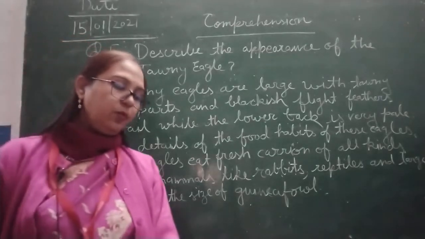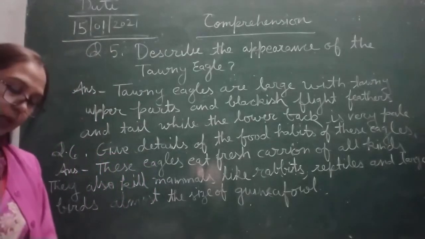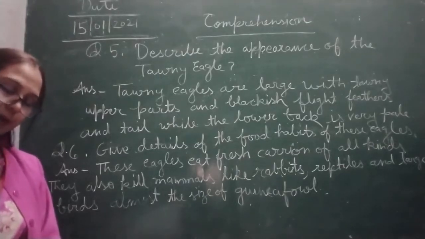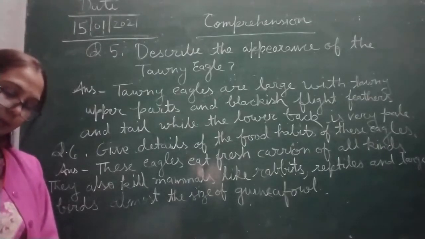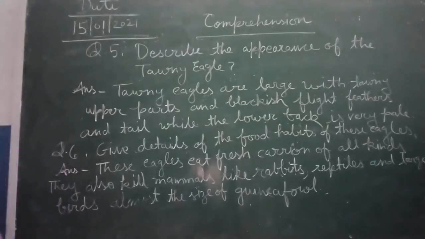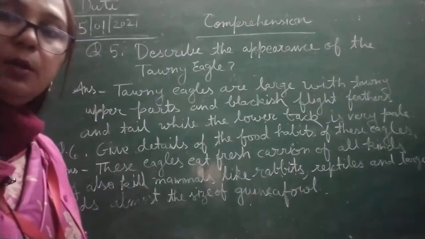Now children, we are moving to the next question. First you just write it down, and after that we are moving to the third question. Match the following groups of words and write the complete answer. So take a screenshot. Now we are moving to the next question.